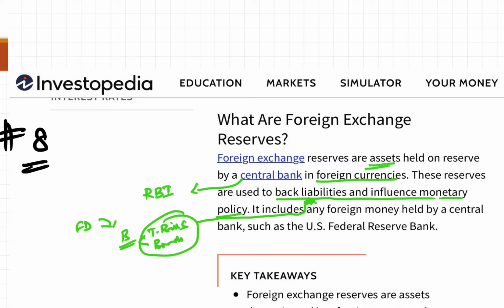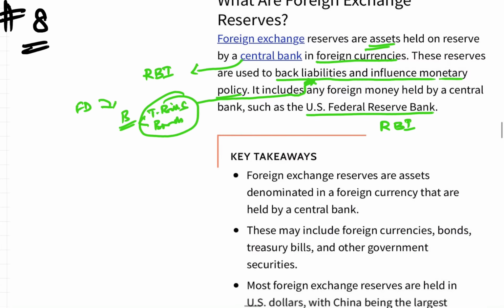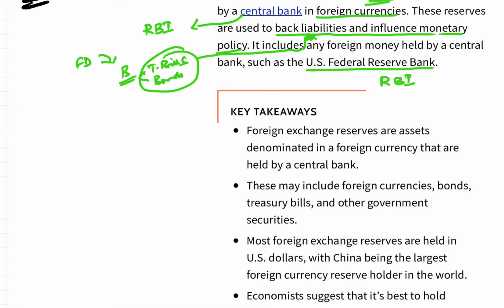So here we are talking in the example of the US Federal Bank, but in our Indian case that is the RBI, the Reserve Bank of India. Now, what are the key takeaways? See here, that's what we are talking about: foreign currencies, bonds, treasury bills, and other government securities. These are the government liabilities. Okay.